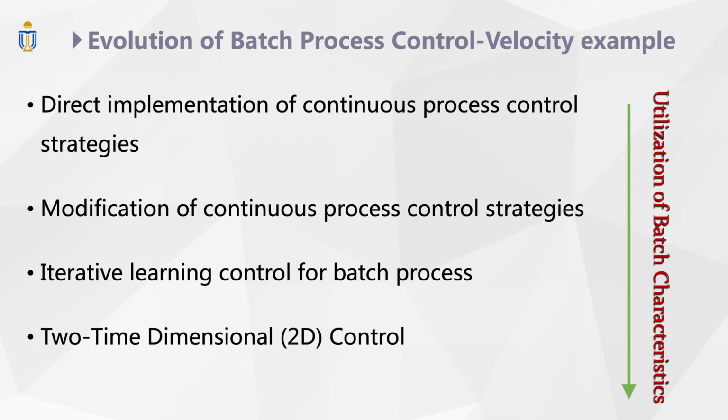It has gone through the following 4 or 5 stages. In the early days, we directly applied the continuous process control strategy to injection velocity control. Then we realized the deficiency. We modified the continuous process control strategy to fix some of the issues.